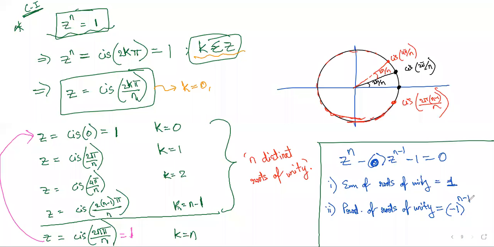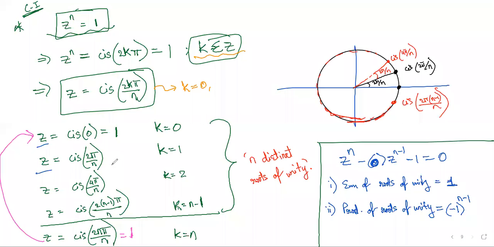Many ways of understanding it. One thing is, these are the n roots of unity. If you multiply all of this, except for 0, you're getting n minus 1 roots.